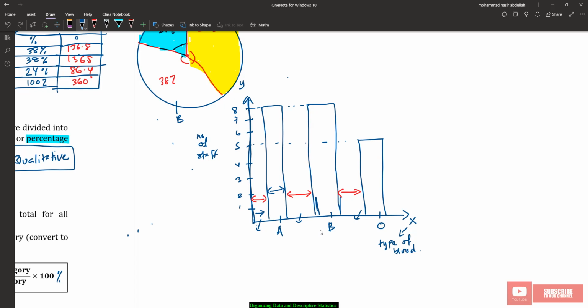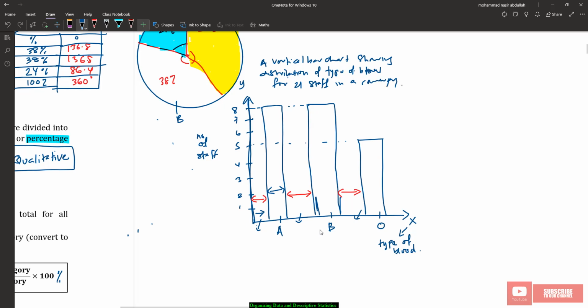So the title for a bar chart, any graph, must include the graph name. Say, vertical bar chart showing distribution of type of blood for 21 staff in a company.